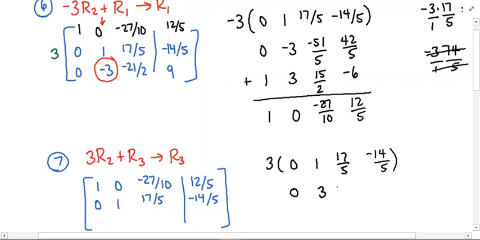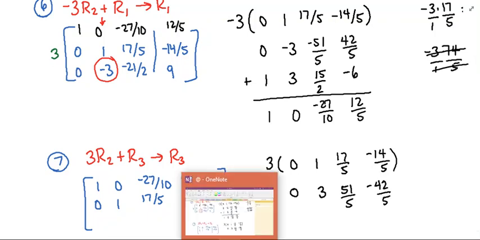Again, you just multiply, put the 3 over 1, multiply across the top and multiply across the bottom. This is going to give you 51/5. And then 3 times -14/5, that is going to be -42/5. Again, these are things you can do on the calculator if you're not sure how to do them.